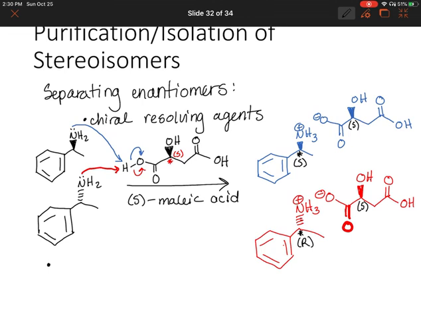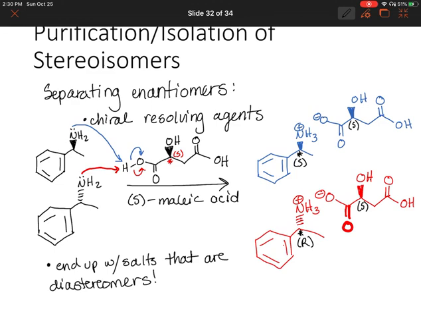All right, so we end up with salts that are diastereomers. And remember, diastereomers have different physical properties.